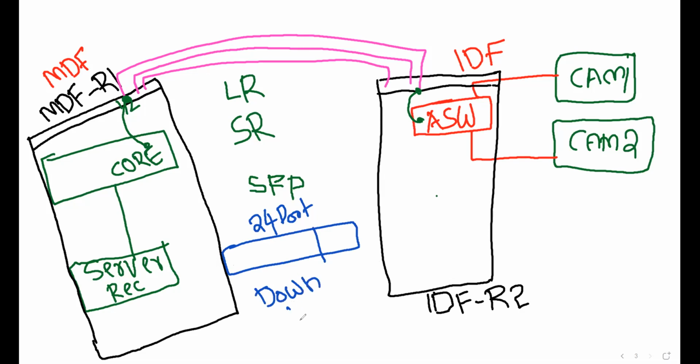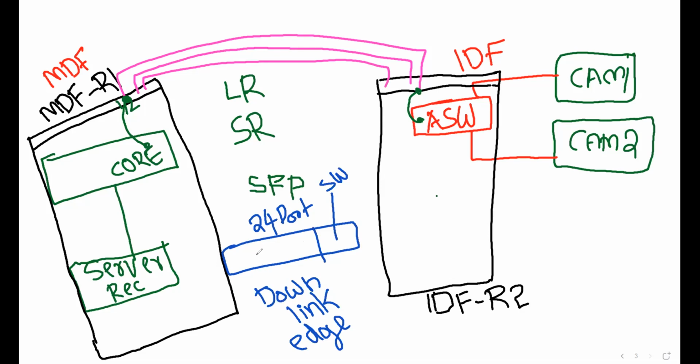Keep in mind, there are two: downlink and uplink. The downlink is used to connect the edge device, and the uplink is used to connect to another switch.